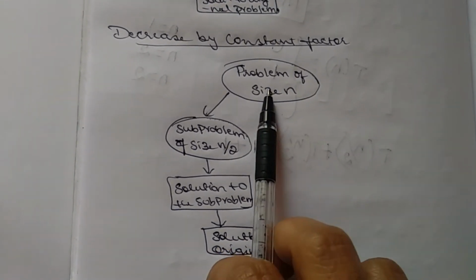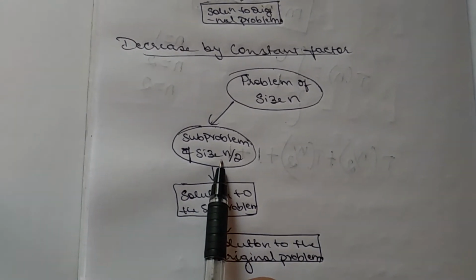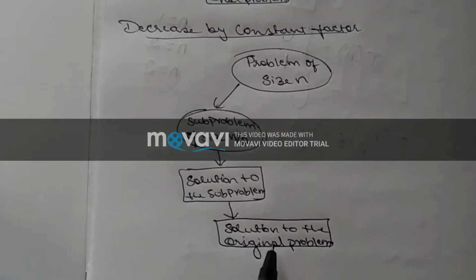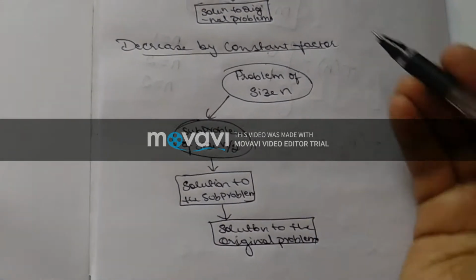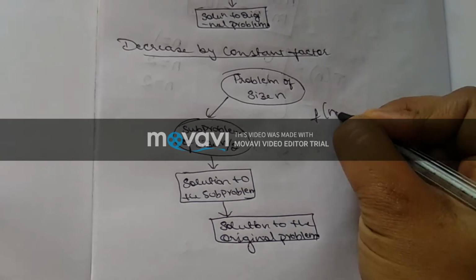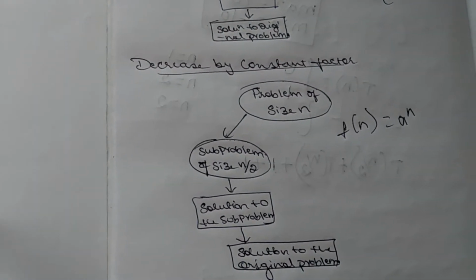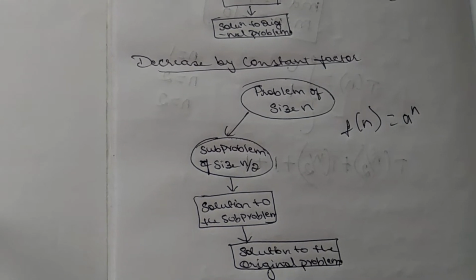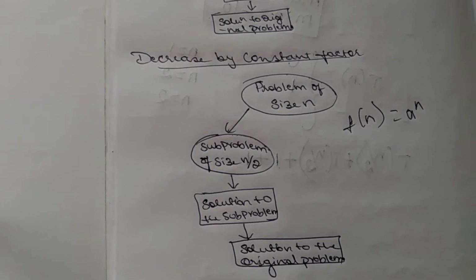This is a problem of size n, then the subproblem is n by 2. That n by 2 we keep as it is, then the solution for that and the solution for the original problem. For example, if I have a function f of n is equal to a power n, here in decrease by constant factor, how will I solve this? Here you can reduce it by half.